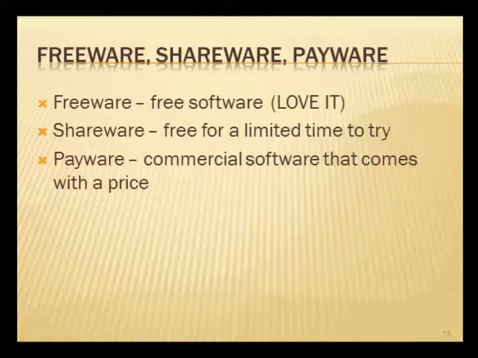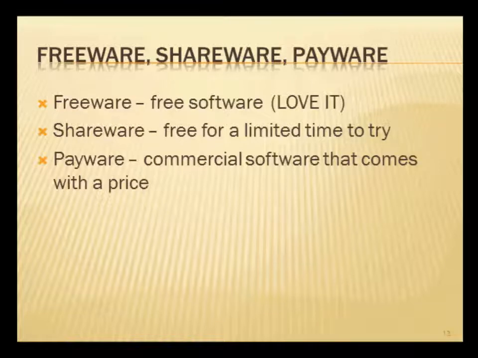So, one of the things that they don't talk about in your book is the idea that you don't have to pay a lot of money for software. There's a lot of software on the internet that you can try out for free or just get for free. And I mentioned openoffice.org.